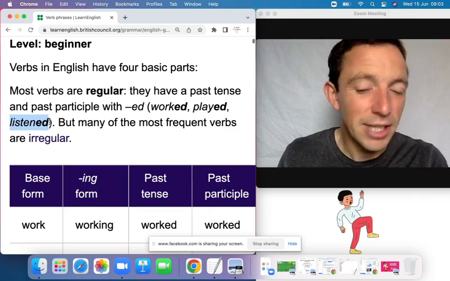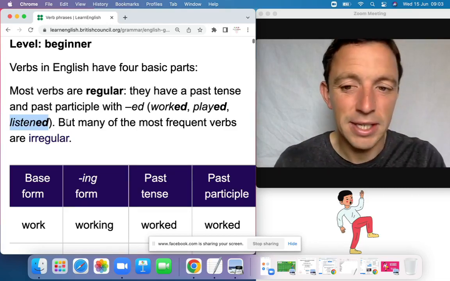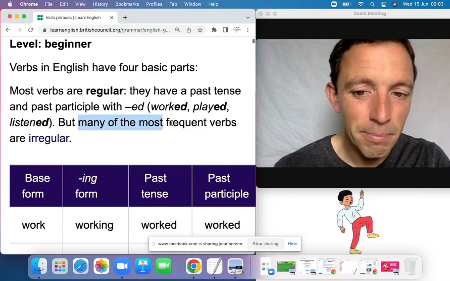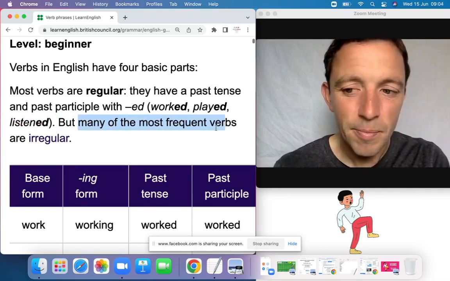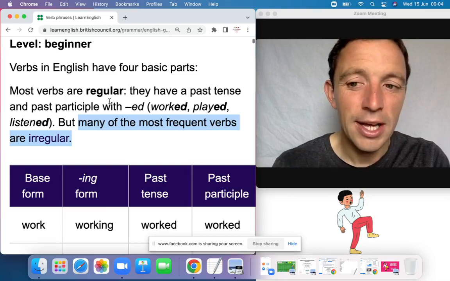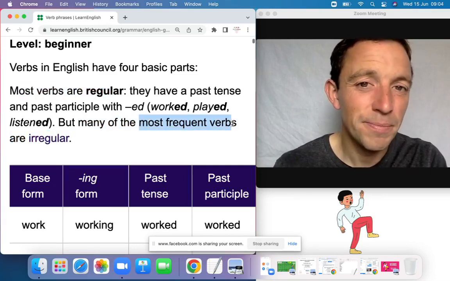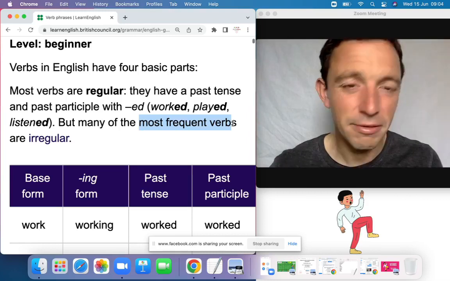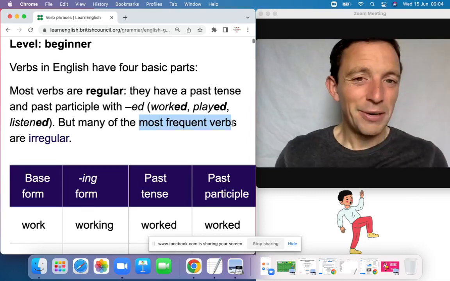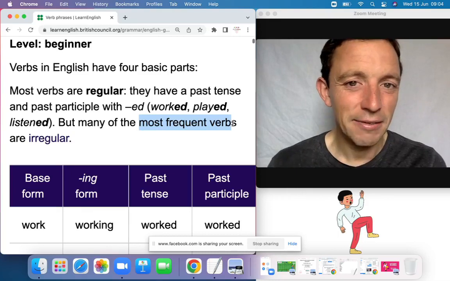Maybe you've never looked at this before, and maybe you're very familiar with this, but many of the most frequent verbs are irregular. So most verbs are regular, but the most frequent verbs are irregular, if you understand. So irregular verbs are a big difficulty in English.